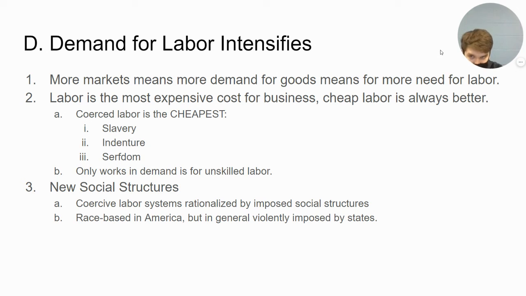Now, in order to rationalize these coercive labor systems, racial hierarchies are established and changed. Obviously, the regions of the world had intolerance of people before 1450 to 1750. Christians in Spain hated Muslims in Spain.